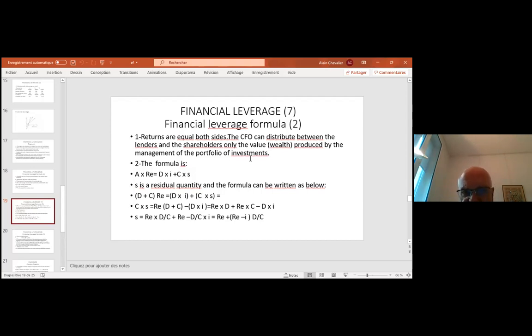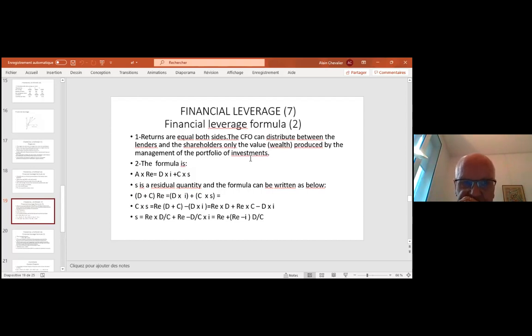If the level of total equity is C, you can find easily S, the cost of equity. So S, the cost of equity in this approach, is a residual quantity, and the formula can be written another way, as it is here below.